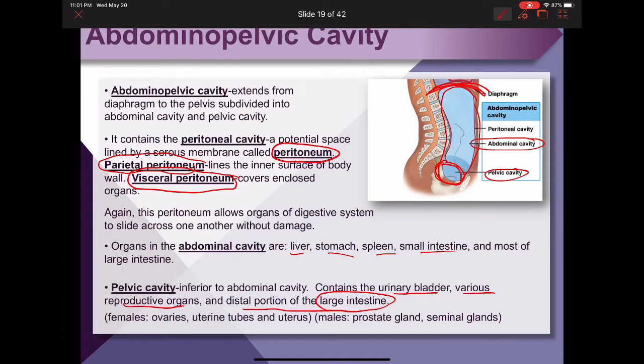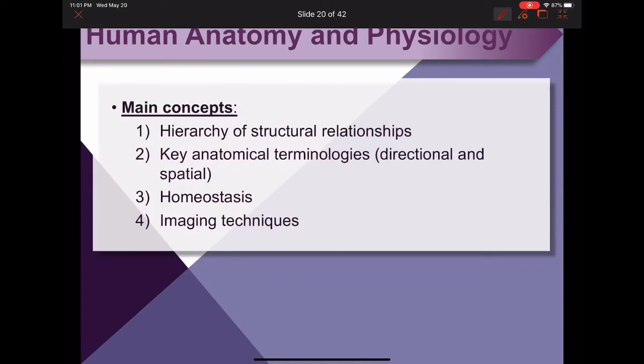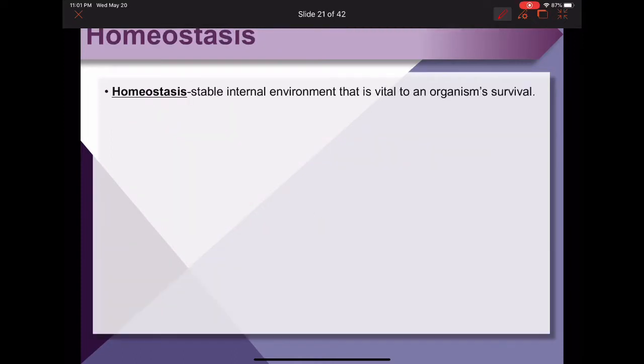All right, so let's talk about the last two main concepts in this chapter: homeostasis and imaging techniques. Homeostasis is the ability to maintain a stable internal environment, and it is a very critical concept that allows an organism to survive.